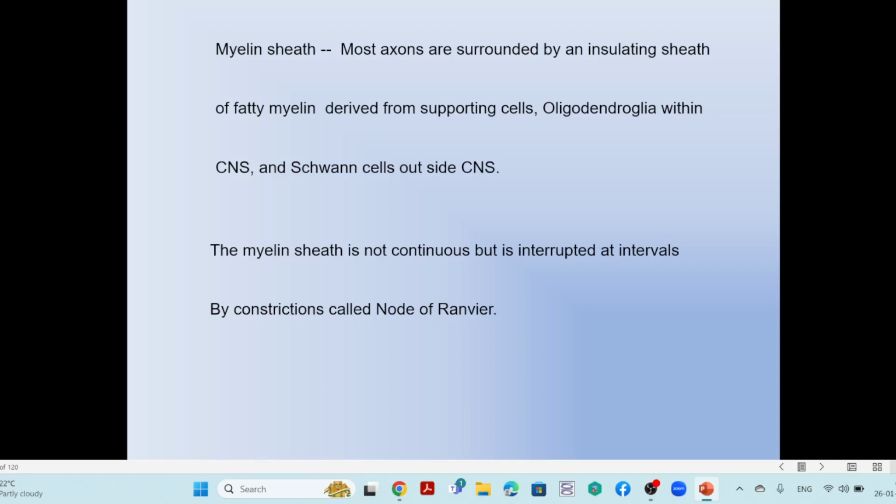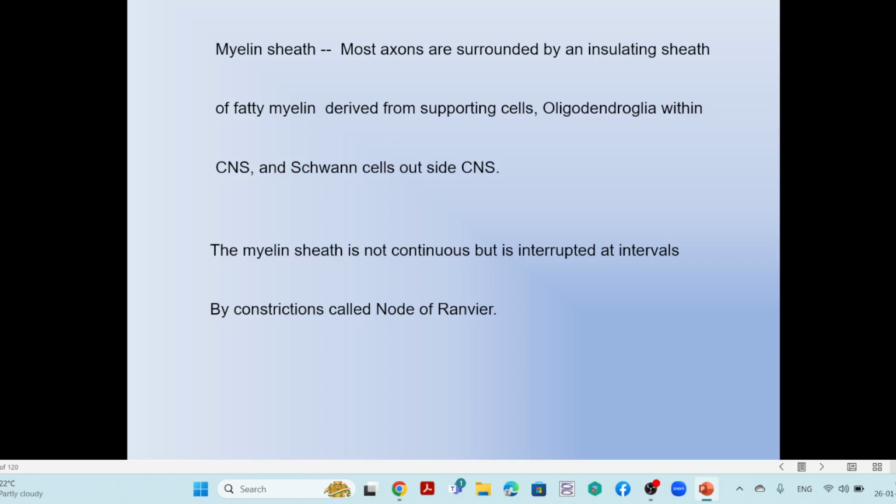So the myelin sheath is an outer covering, an insulating sheath of fatty myelin. Oligodendroglial cells help in myelin sheath formation in the central nervous system, but outside the central nervous system, the Schwann cells help to develop the myelin sheath. That is the point.